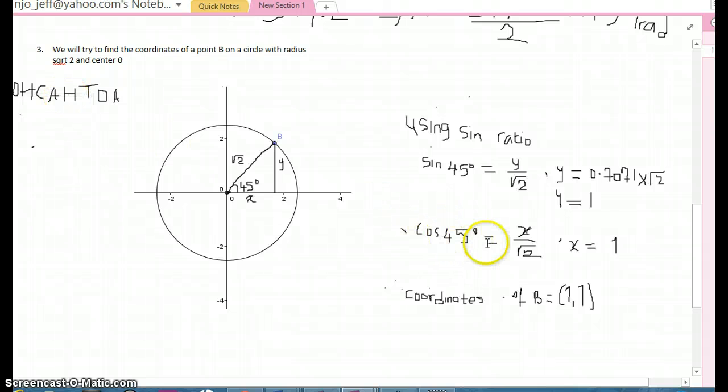So cos 45 is equal to the adjacent x divided by the hypotenuse root 2. If we cross multiply, then x is equal to 1. So it means that the coordinate of point B is a distance of 1 on the horizontal and a distance of 1 on the vertical.